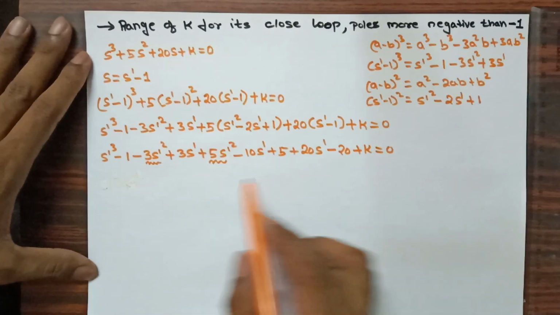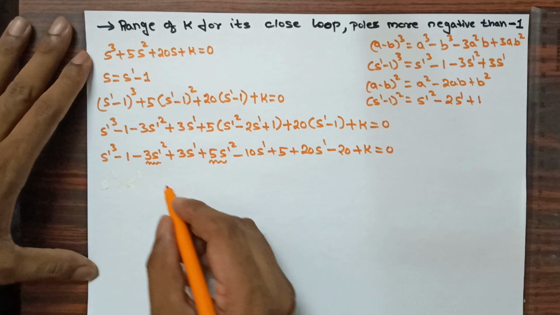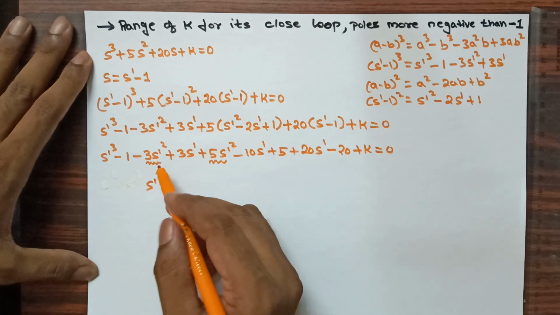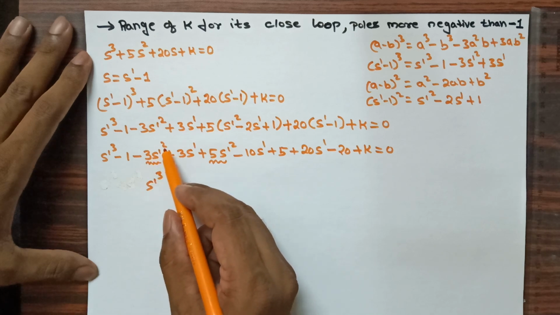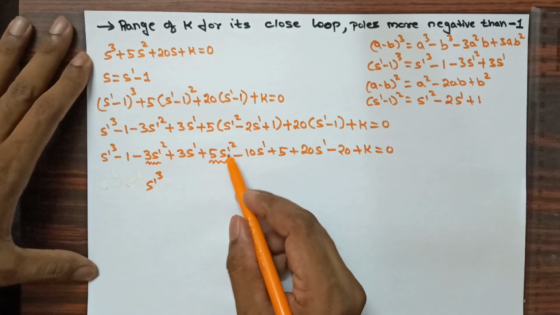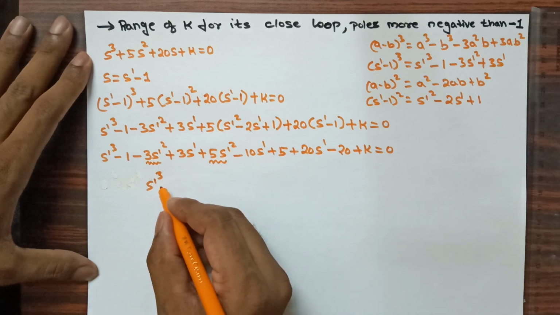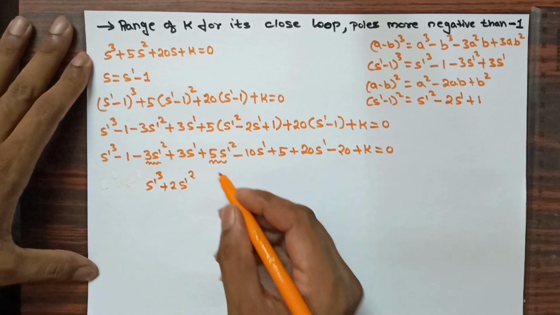From this equation you can see I am having s dash to the power 3, that is the highest power. First I am writing that s dash to the power of 3, then in terms of power 2 I am having 3 s dash to the power 2 plus 5 s dash to the power 2. From this I will get 5 minus 3, that is plus 2 s dash to the power of 2.